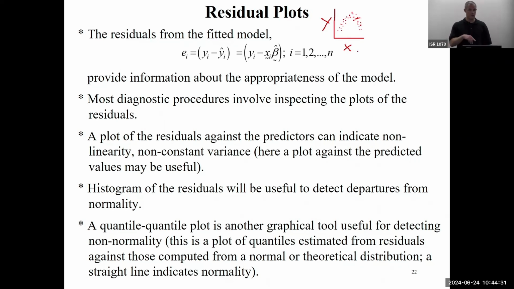And clearly there's a curvilinear, quadratic relationship between X and Y, but you naively did not look at the data. You did not look at a scatter plot or anything like that. And you just fit a simple linear regression model. The fit of that straight line is going to look something like this. That's going to be the ordinary least squares estimate of that regression relationship. That's the relationship that minimizes the residual sum of squares.